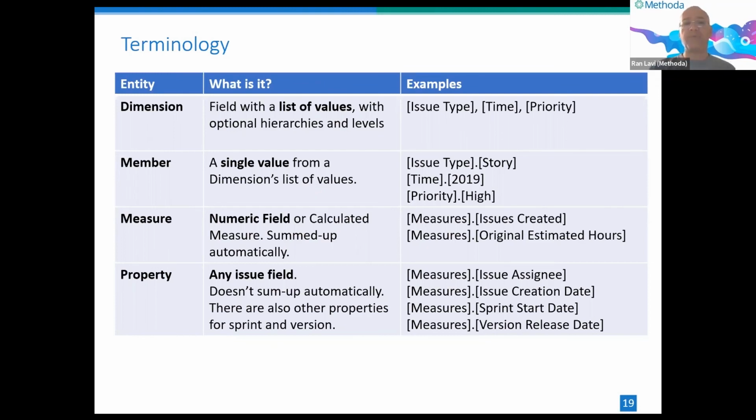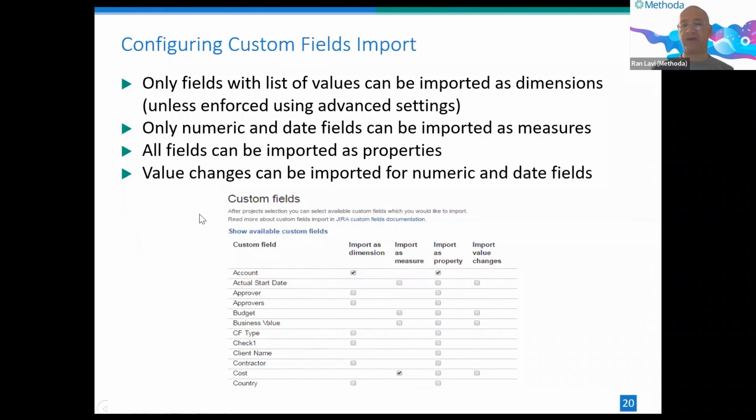And if you go to the import definition of EazyBI in the source data settings, and you look at the custom fields import options, you will see that some of them have the option to be imported as a dimension because they are a list of values. Some of them are able to be imported as a measure because they are numeric.